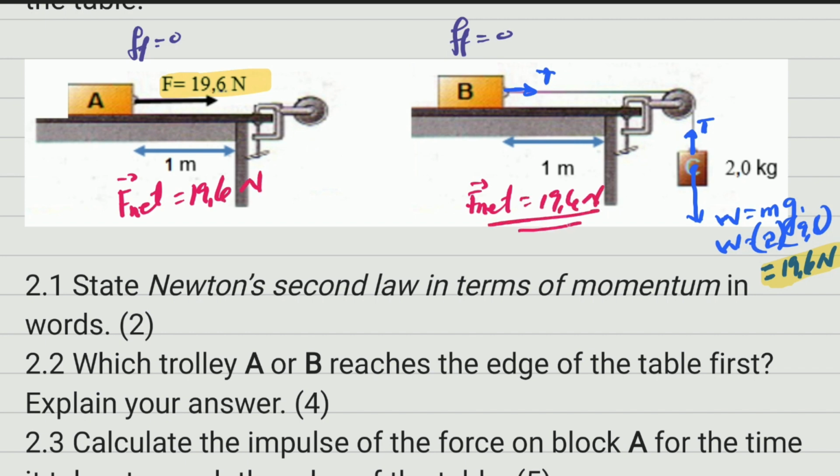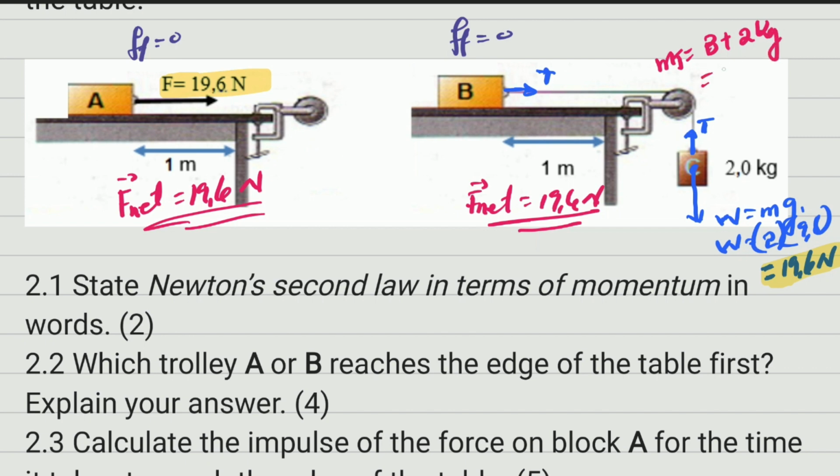Now people say, okay, but if they have the same force, there is no friction, well, they will reach the end of the table at the same time, but it's not so. Why not so? Because of the total mass of the system. If you go to the total mass of the system, in this case we have mass of B plus 2 kilograms.